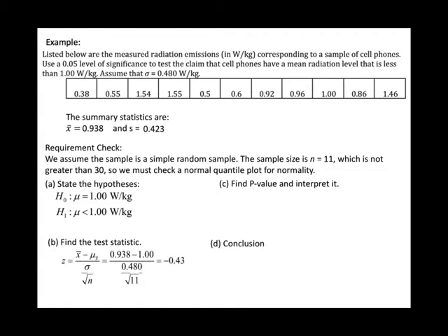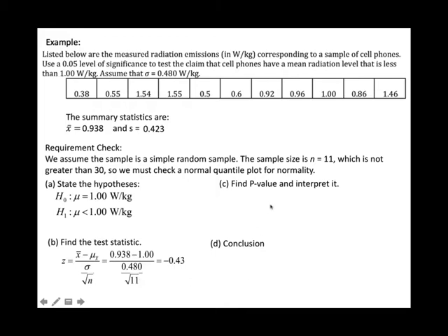Then for the test statistic, plug in this here. Again, for the population mean, you use the null hypothesis value, the one here. n equals 11 because I have 11 data values: 1, 2, 3, 4, 5, 6, 7, 8, 9, 10, 11. So n equals 11.